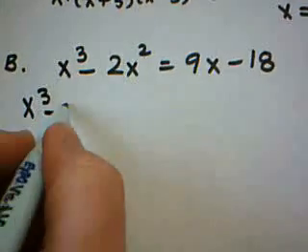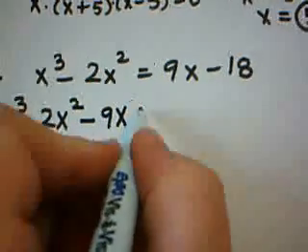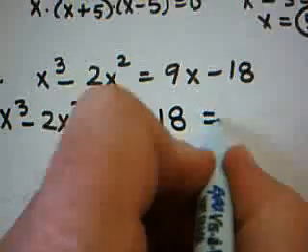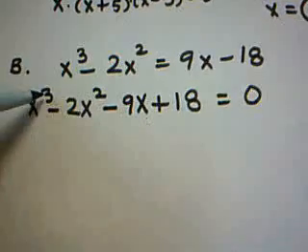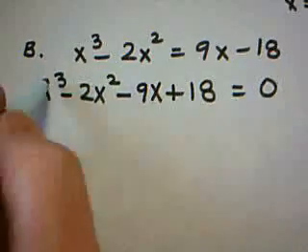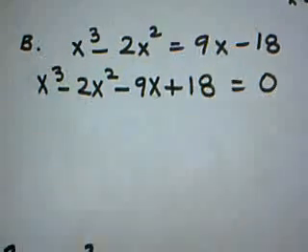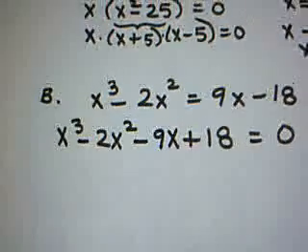X cubed minus 2x squared minus 9x plus 18 is equal to 0. Standard form for a higher order equation, meaning an equation whose degree is higher than 1, is descending power order equals 0. Now this is where you need to pull from your bag of tricks with factoring.